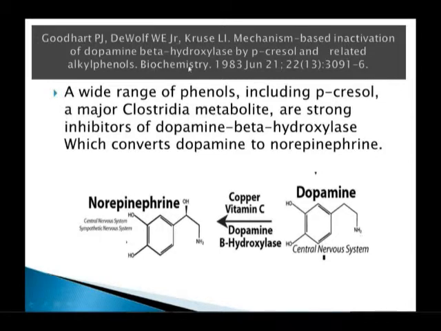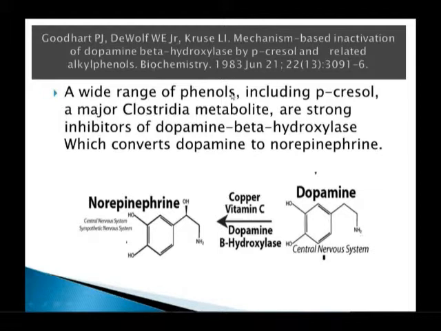Here's another thing I want you to focus on. We know that p-creosol or 4-creosol is a phenol, okay? And what they're saying here is that p-creosol is a major metabolite of Clostridia. It is a strong inhibitor of dopamine beta hydroxylase, which converts dopamine to norepinephrine. But a wide range of phenols can do that.